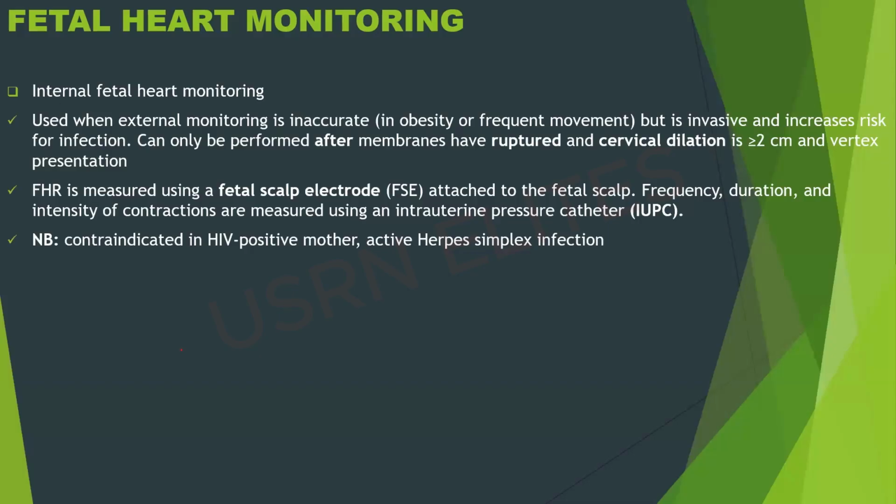Then the best way is to do internal fetal heart rate monitoring, especially in obesity. The abdomen is so big that once you wrap the belt with the transducer around the abdomen, you cannot assess, even with the Leopold maneuver, where exactly the back of the fetus is or where the heart rate can be heard most.